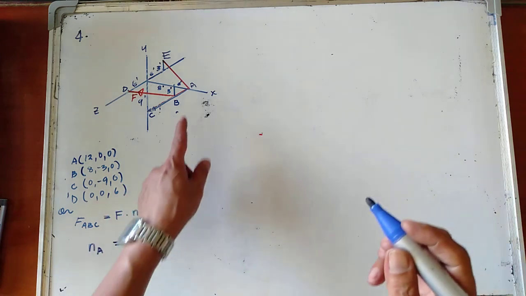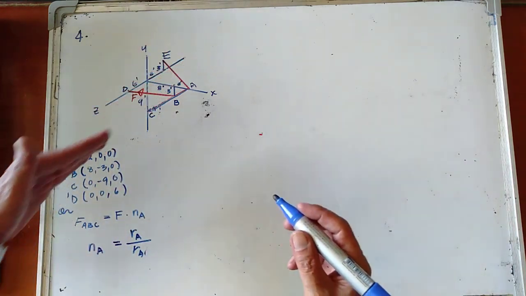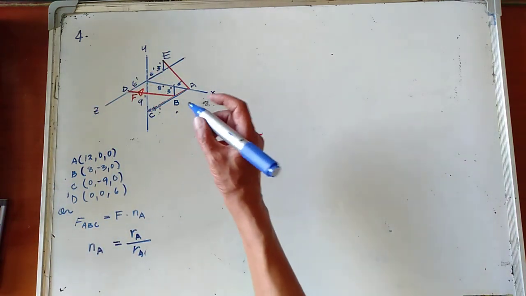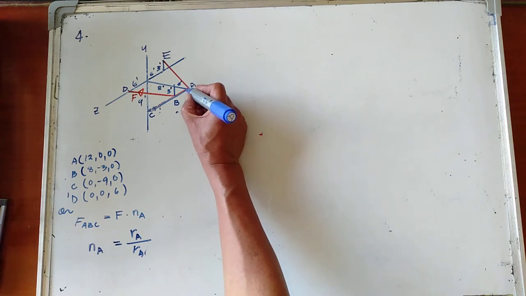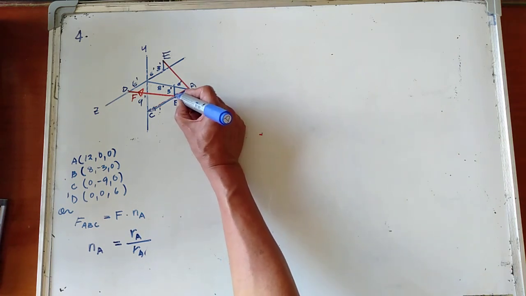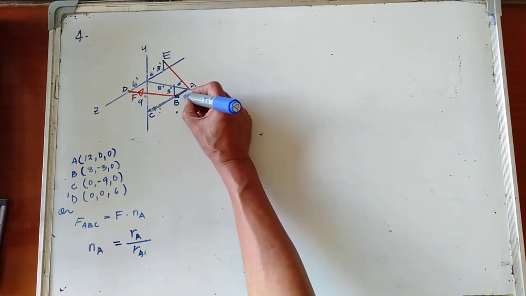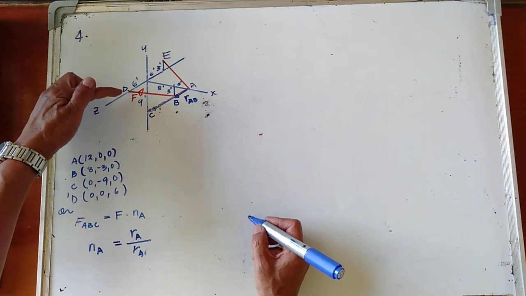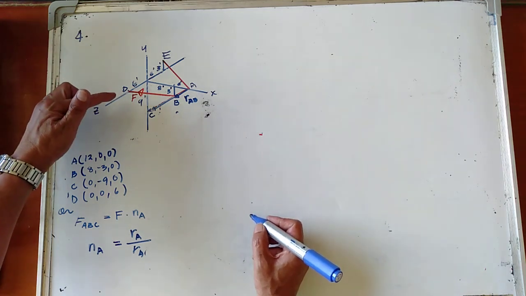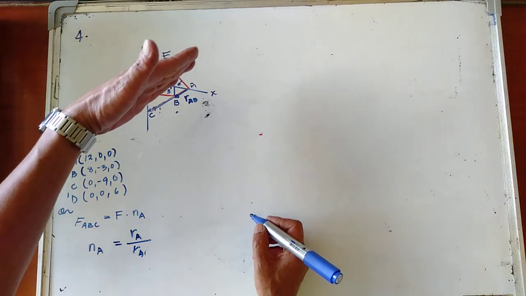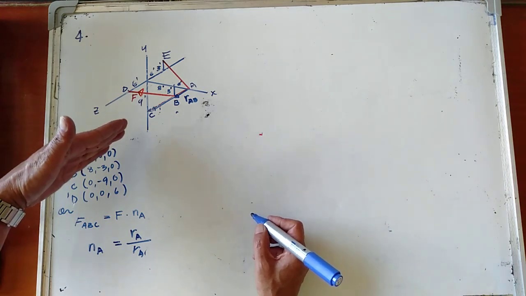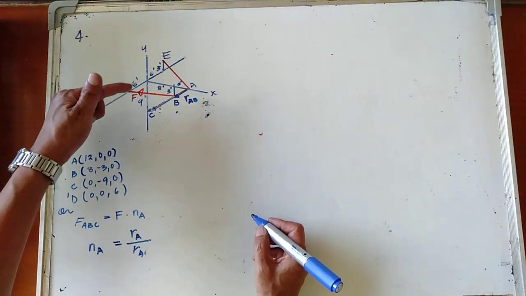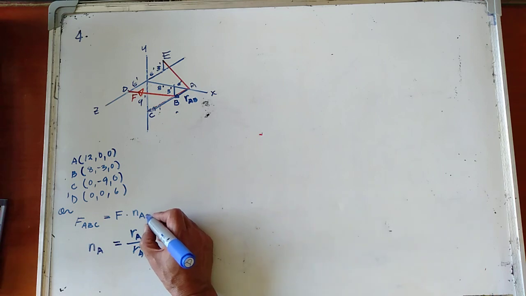Okay, now, since AB is still along the direction of the component, if I introduce a position vector from point A to point B, then the component of the vector F in the direction ABC is equal to that vector multiplied by a unit vector AB.